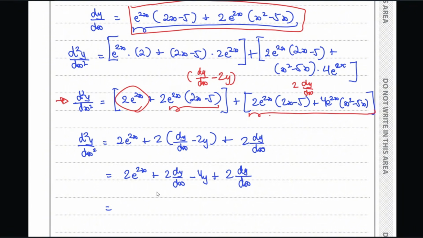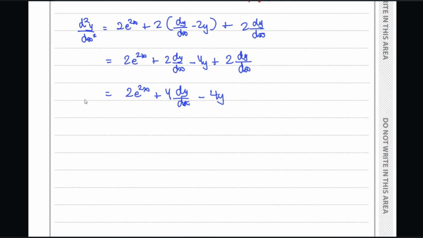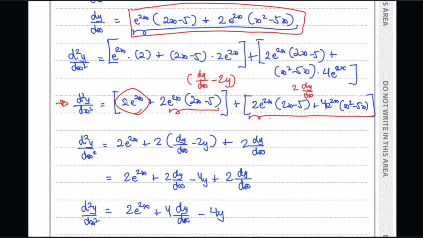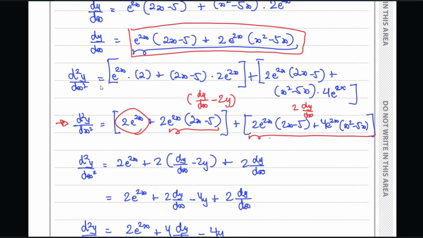And then let's simplify this further. We can see 2 dy over dx there, 2 dy over dx there, and this becomes 2e to the power 2x plus 4 dy over dx minus 4y, and that is equal to d squared y over dx squared. Now let's make 2e to the power 2x the subject of the equation as asked.